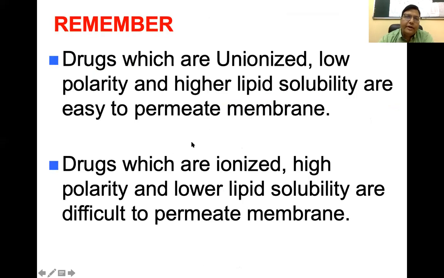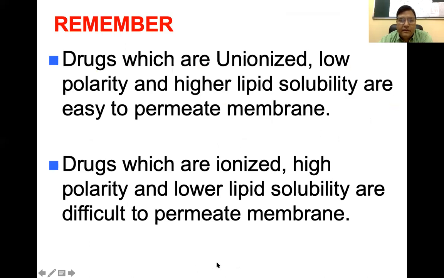So an important point to remember from here is that drugs which are unionized, having low polarity and higher lipid solubility, are easily transported across the biological membrane. They are easily permeated through these membranes.